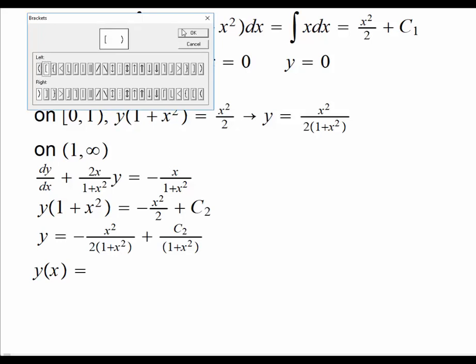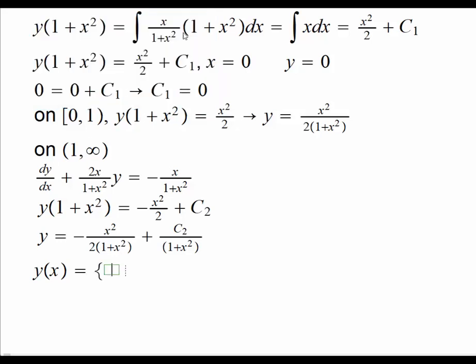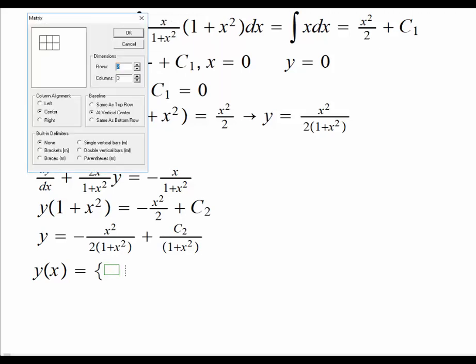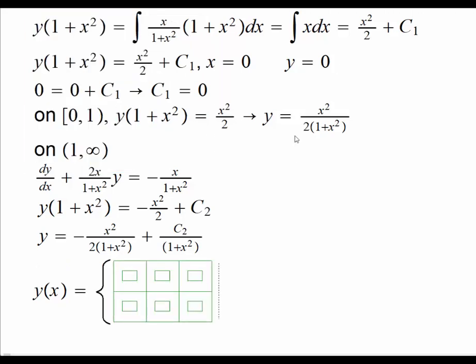it is going to be again a piecewise defined solution.